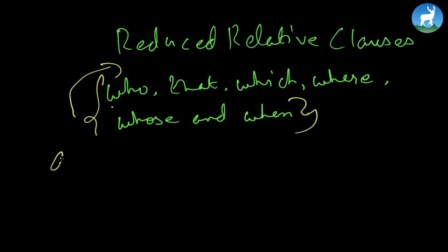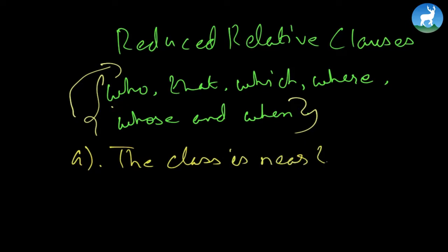So I'm going to look at number A. You can similarly figure out B, C, D, E on your own, I'm pretty sure. Number A says, the class is near the office, the class is ours.